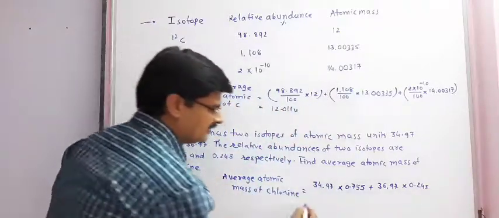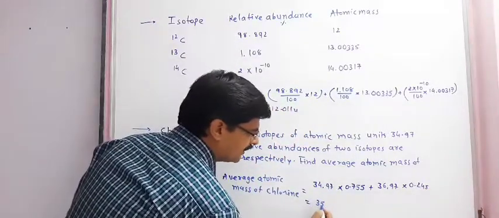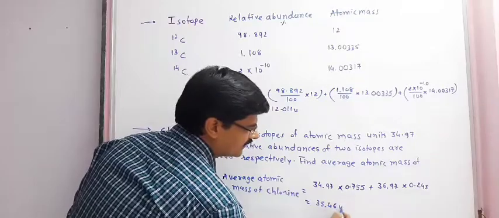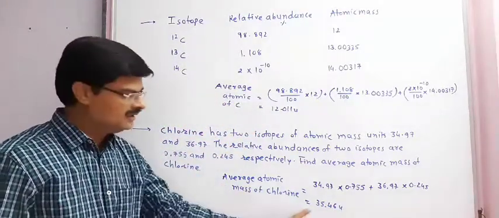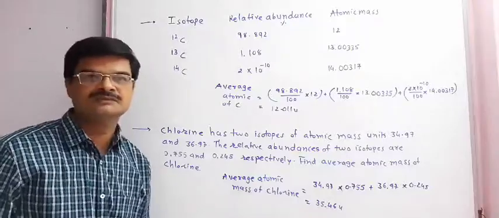On solving this, we will get 35.46 U. So we can say the average atomic mass of chlorine is 35.46 U.